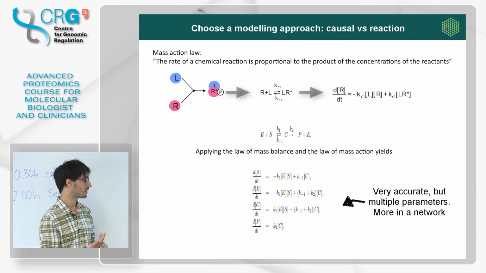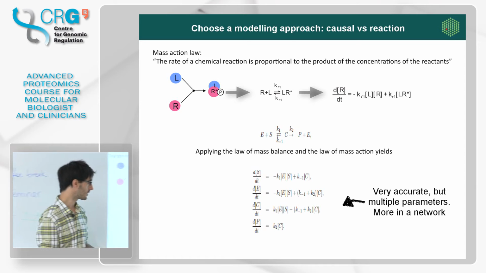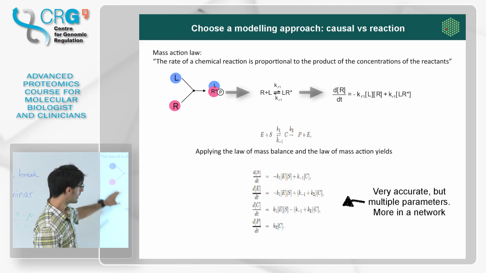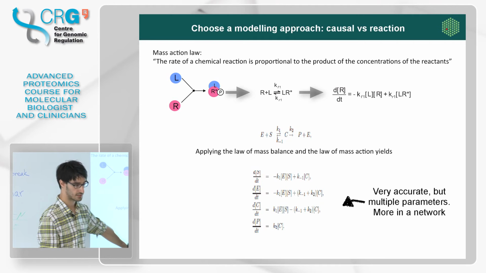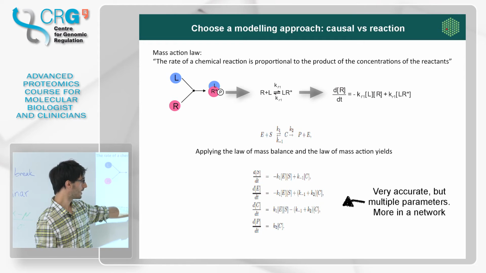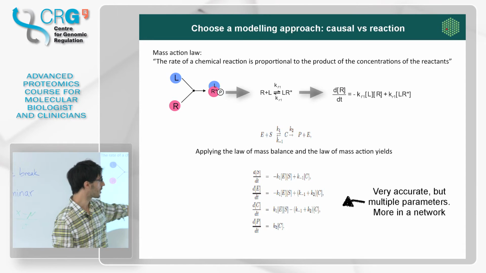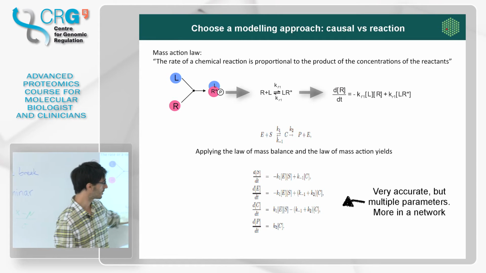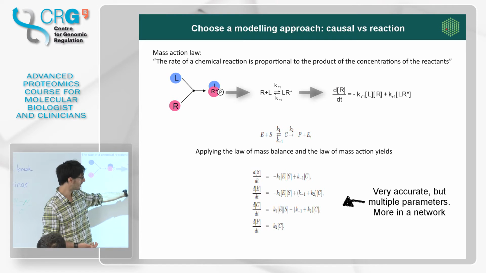So it's a very accurate way to model your data, but it has multiple parameters. So for example, to model just the binding of a ligand to a receptor, or let's say of an enzyme driving a certain reaction, you would have the enzyme binding to the substrate. This forms a complex with a certain kinetic rate, which is telling you how fast the forward reaction is happening.